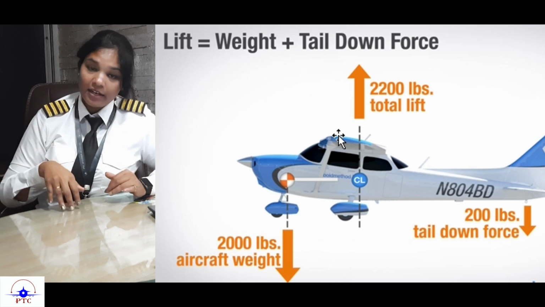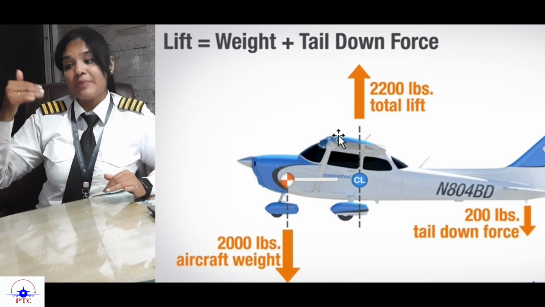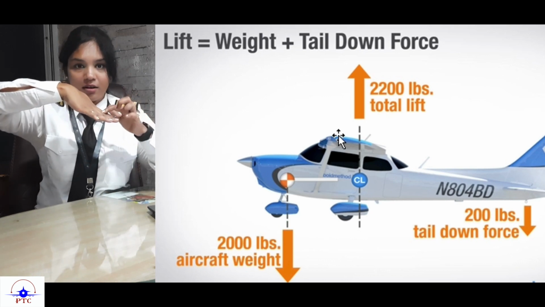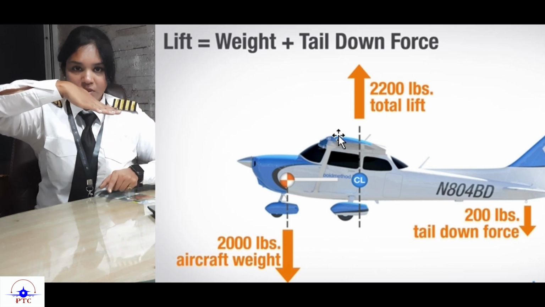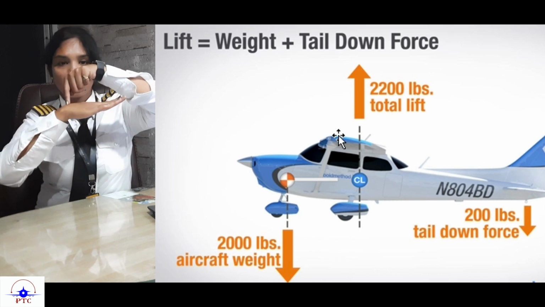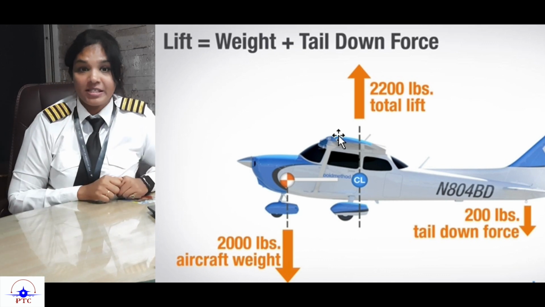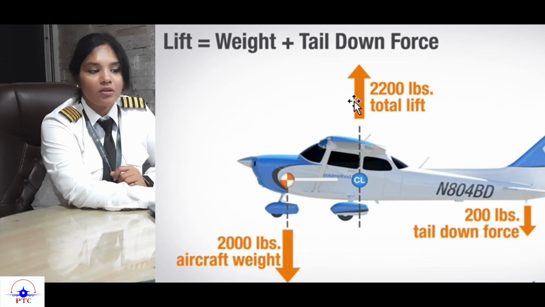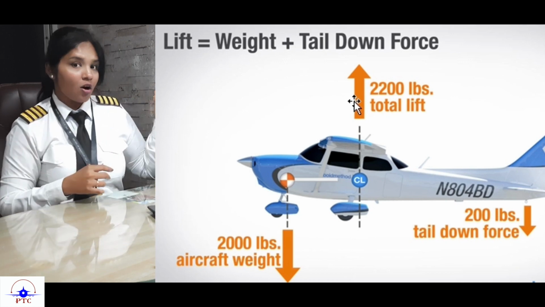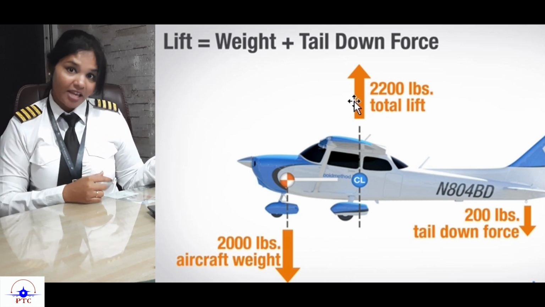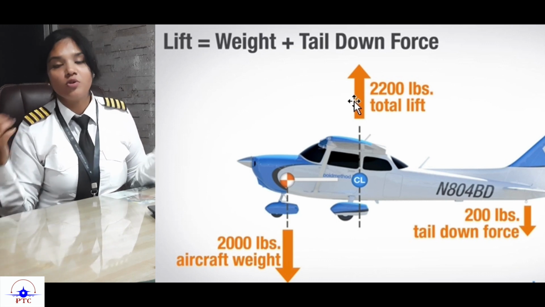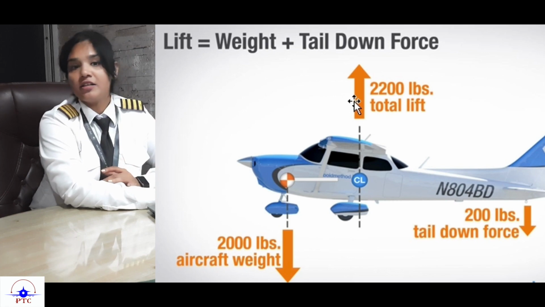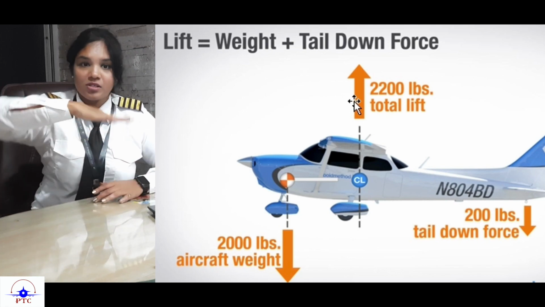This tail down force is in the downward direction, just to compensate for the center of gravity making the nose heavy. Let's say it's 200 pounds. Now the total lift is your weight plus your download force in order to keep the aircraft in balance. Okay, so that is how your elevator controls the pitch.